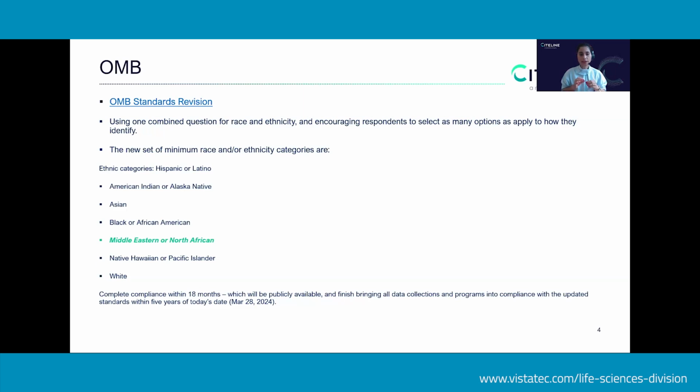So recently, in March this year, just to make things more complex for sponsors, they released revised OMB standards. And here I'll just summarize one change, in case you're not aware of it: this new revision proposes to combine the question for race and ethnicity into one question.